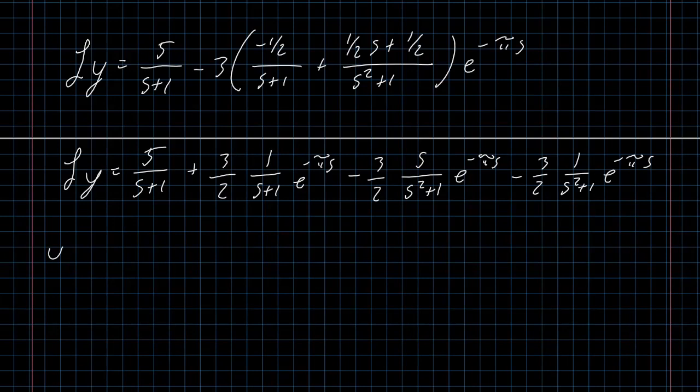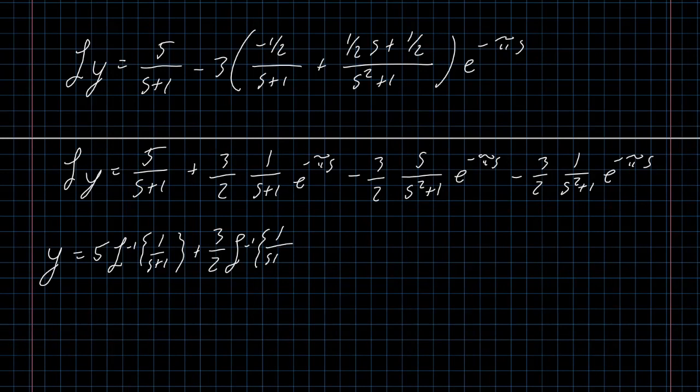And so y itself is the inverse Laplace transform of this. So we'll have 5 times the inverse Laplace transform of 1 over s plus 1. We will have 3/2 times the inverse Laplace transform of 1 over s plus 1 times e to the minus pi s.